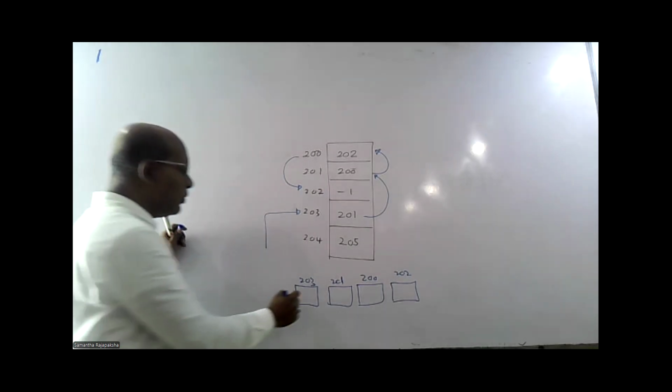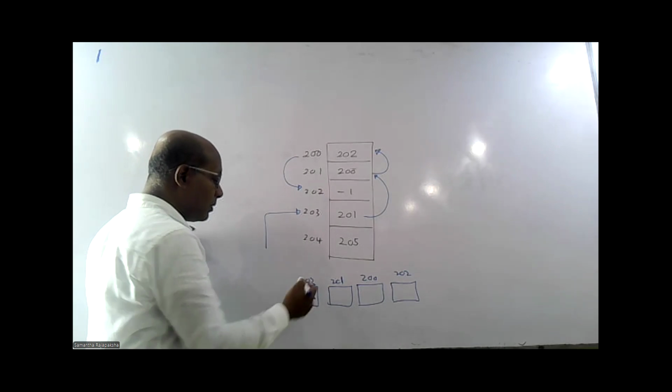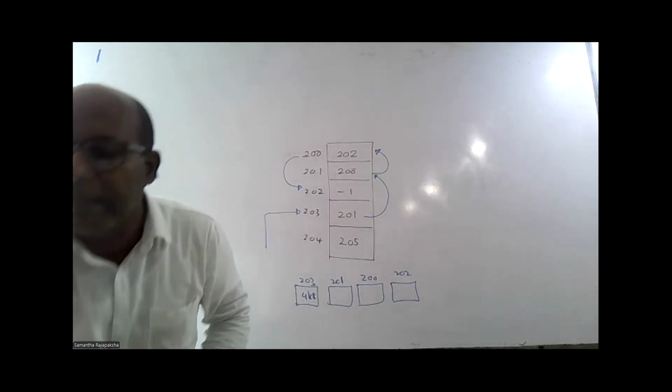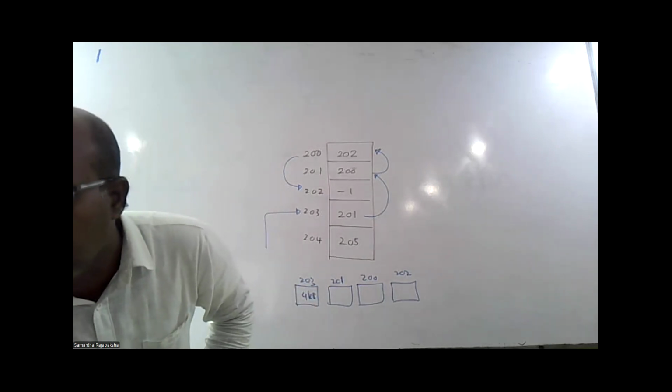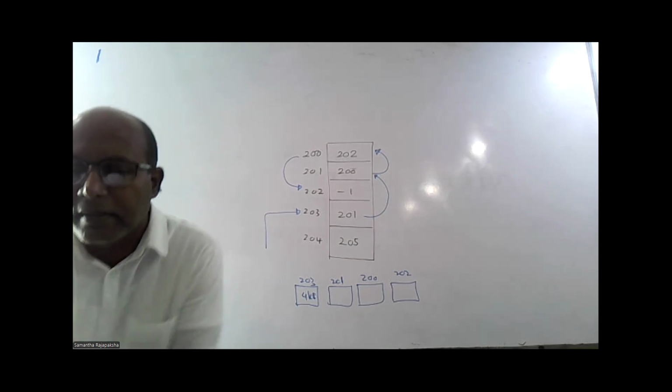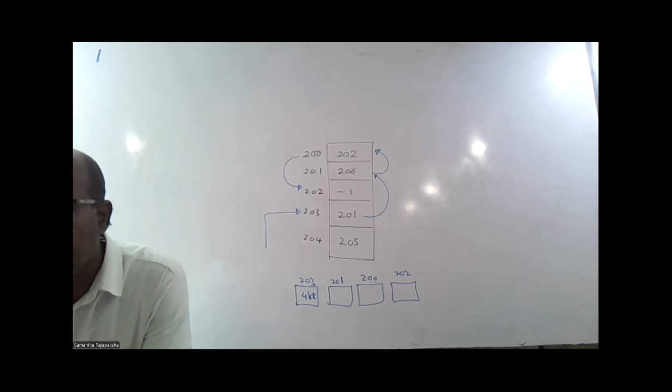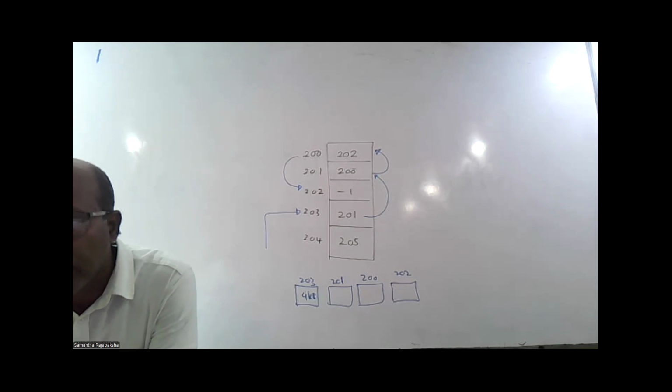One block is how much? 4 kilobytes. 4 into 4, 16. 16 KB. Therefore, the answer is starting 203 and file size 16 KB. Answer is the fourth one. Fourth answer is the correct answer.